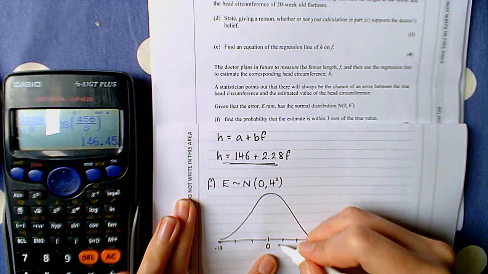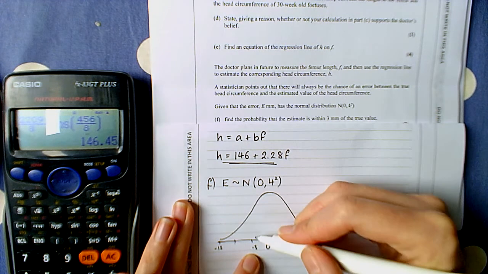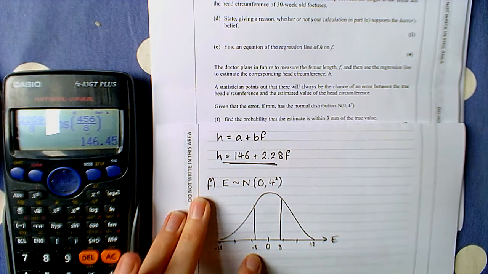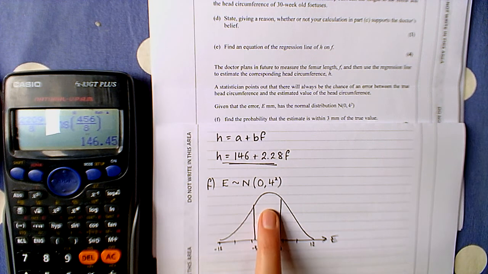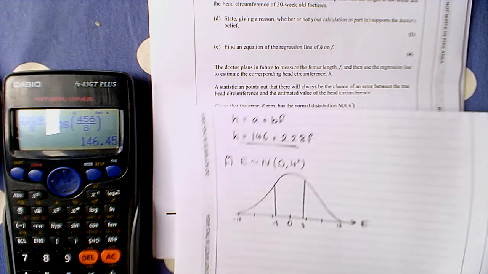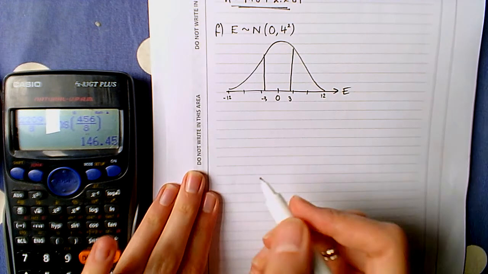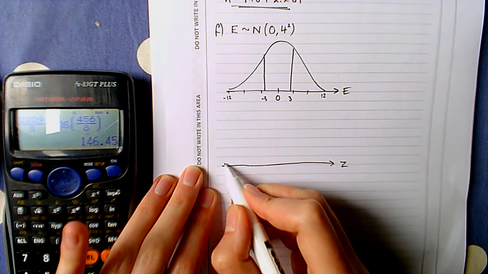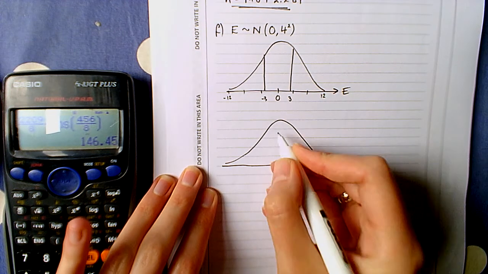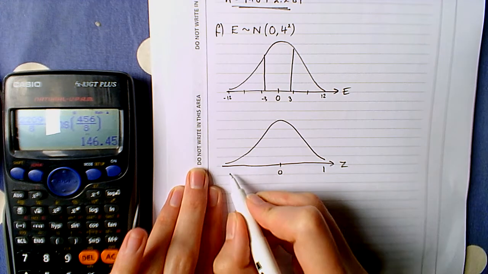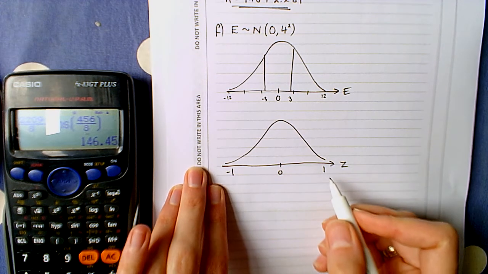So that's like saying E would be somewhere between -3 and 3. So we're looking for this, what number goes in there. We can't look these numbers up from the Z table, so what I would need to do is transform those numbers into the standard normal distribution numbers. So it would still be centered on 0, but this time the spread would be from -1 to 1.